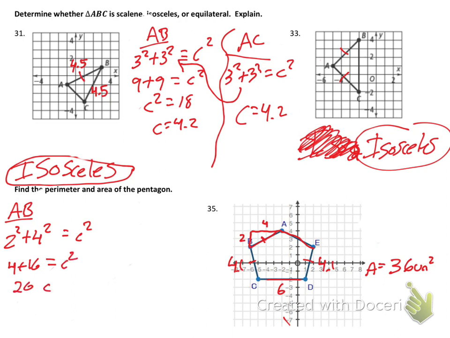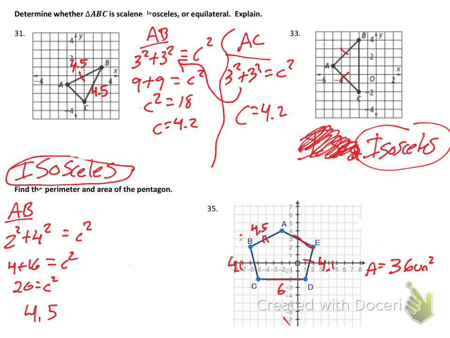So 20 is equal to C squared. So I take the square root of 20, and I get 4.5. So that means this right here is going to be 4.5.